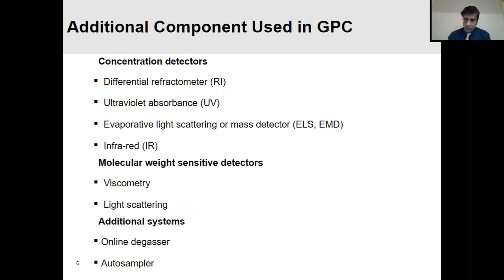And sometimes our polymer is not soluble in a certain solvent at room temperature, so we require an elevated temperature, and that's why we need an oven, which is used to increase the temperature of the column. Additionally, we also have some specific detectors for certain applications.